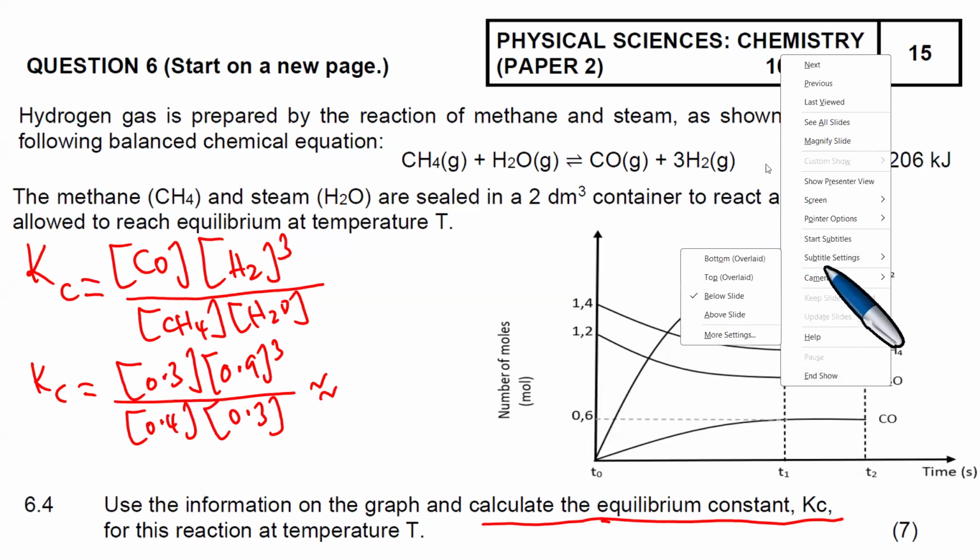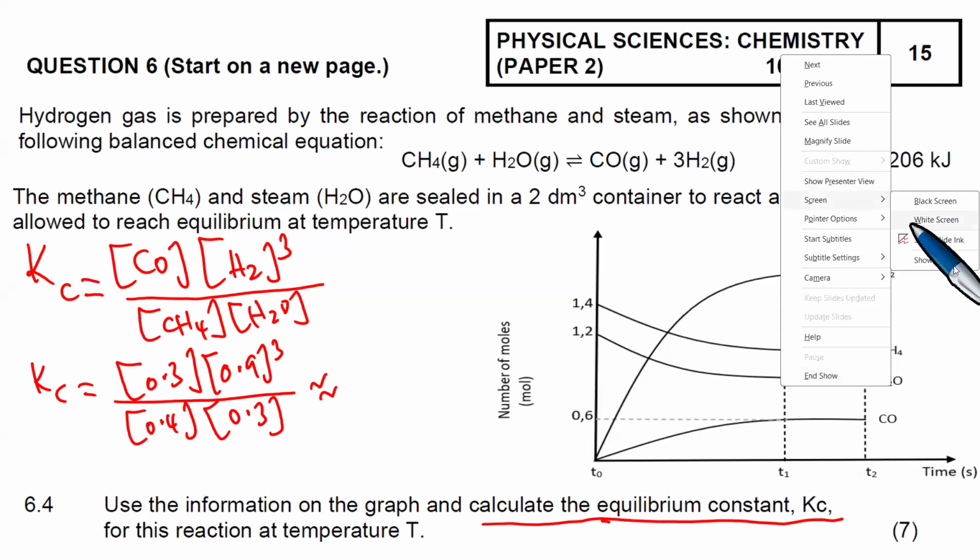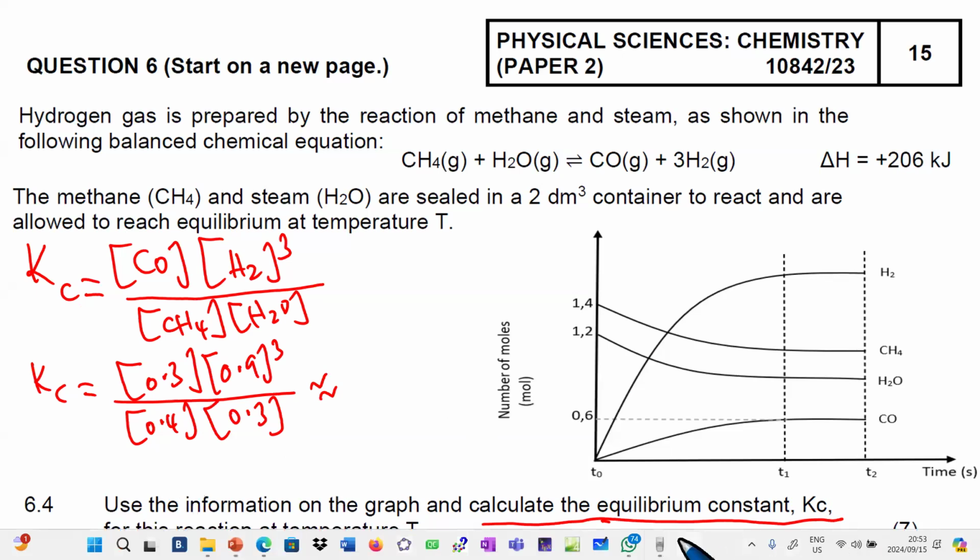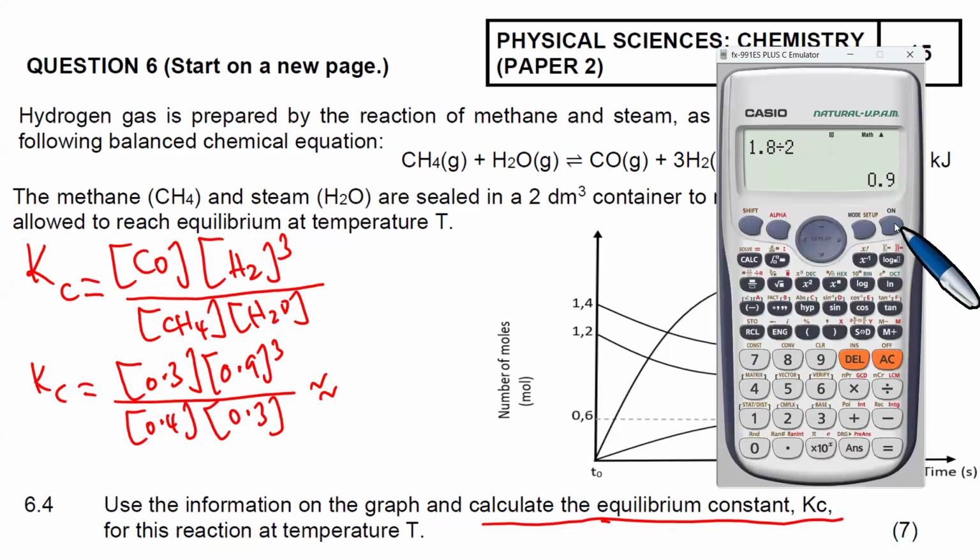So that in the end, 0.3 times 0.9, you cube it, divided by 0.4 times 0.3.